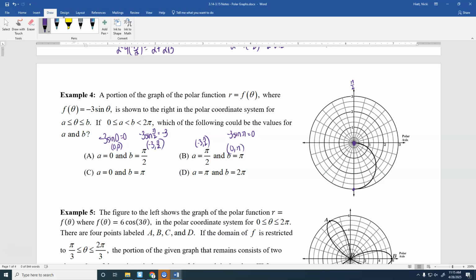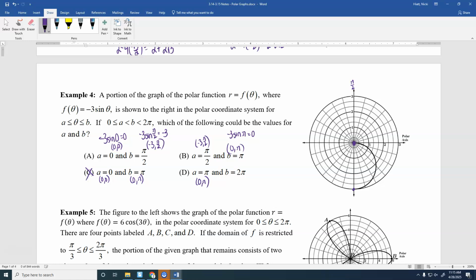Now C is unlikely because this is from (0, 0) to (0, pi). While both of those points are on the graph, are they both endpoints of the graph? So I feel like C is probably out. Pi, I've already done. That was (0, pi).